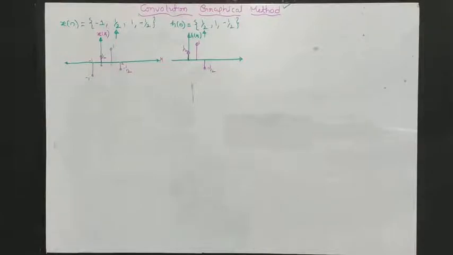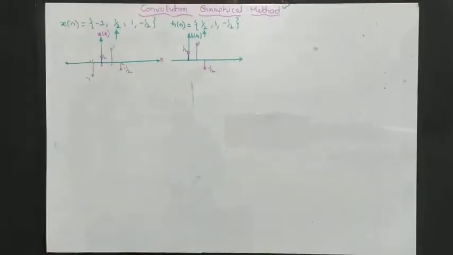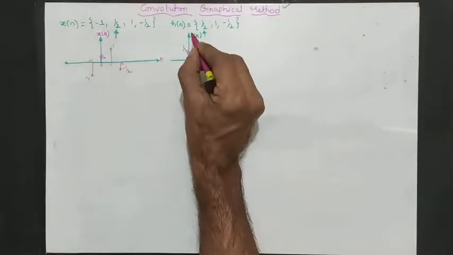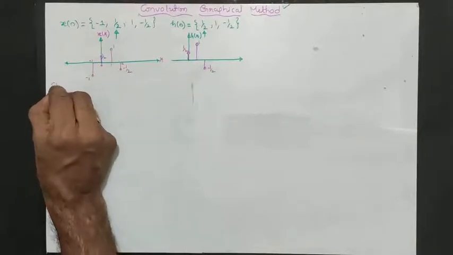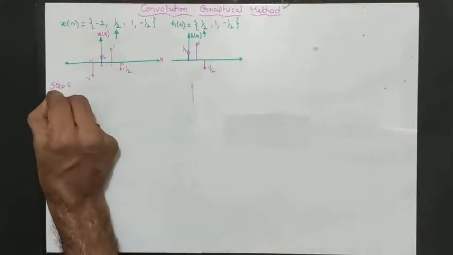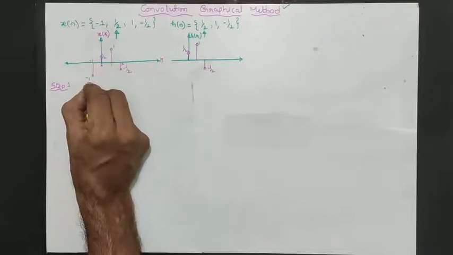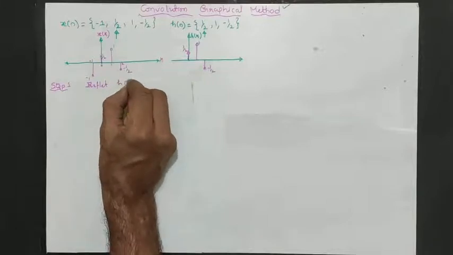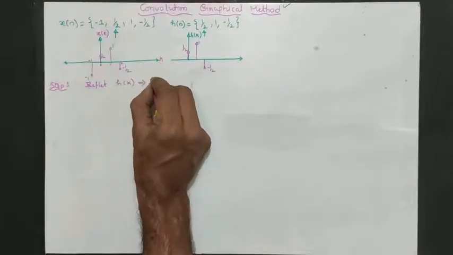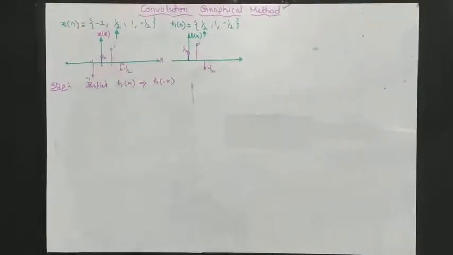Now the first step: reflect h of k so that I will obtain h of minus k. That will be my first step.